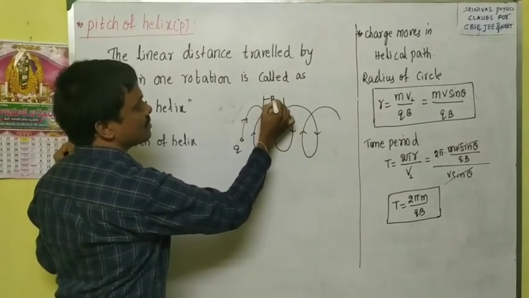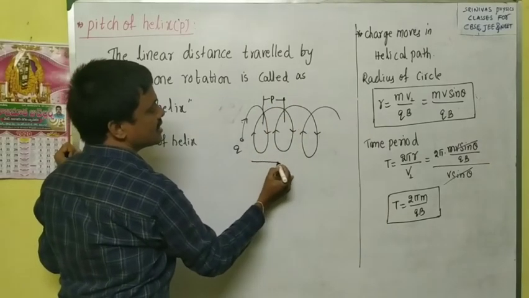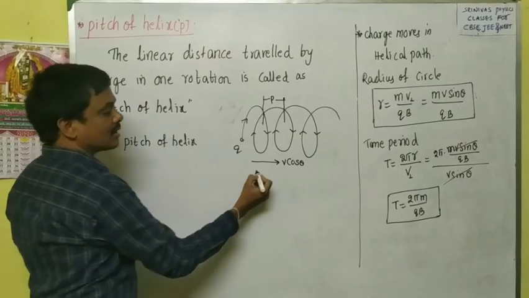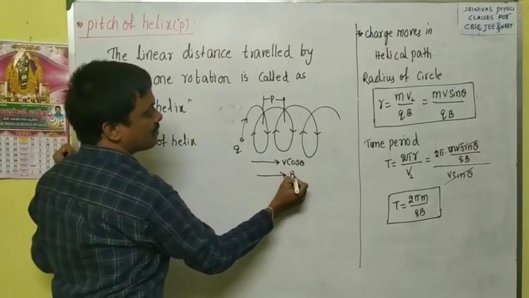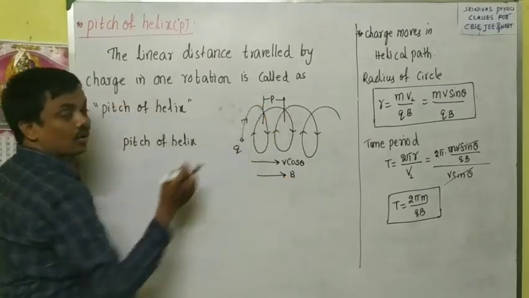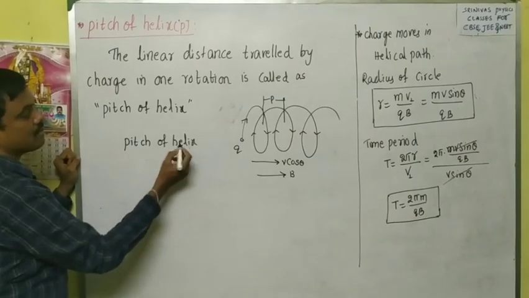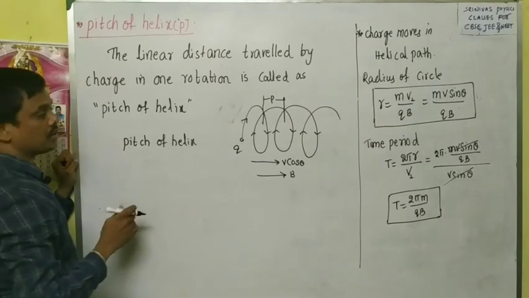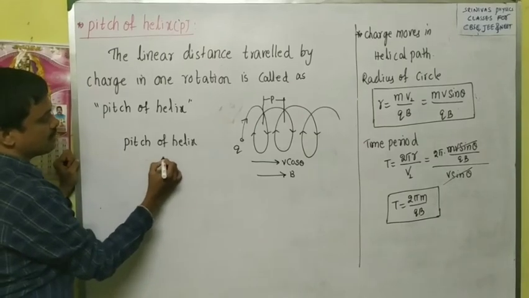That means it is travelling some distance along the horizontal. This side the velocity is v cos theta, along the x-axis in the diagram. Along this direction the magnetic field is B. I want to know the distance travelled. The pitch of helix is nothing but the distance travelled in one rotation.